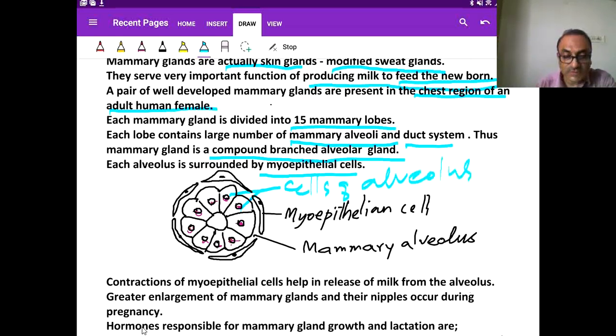Cells of this alveolus, for example, are secretory in function, and are surrounded by myoepithelial cells, which help in squeezing out the milk from the alveolar glands of the mammary gland. Now let's take up a few more points. We have seen that myoepithelial contractions will help in release of the milk.